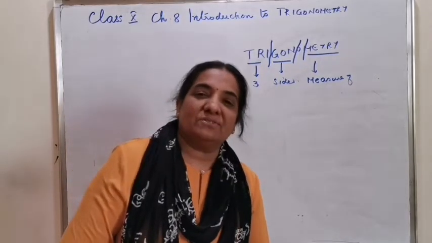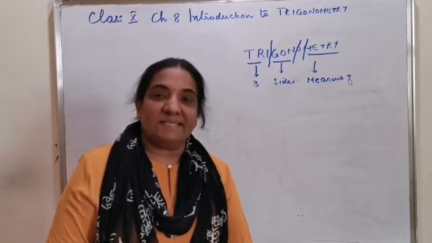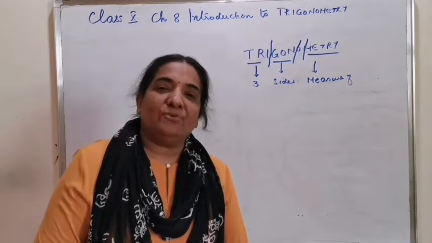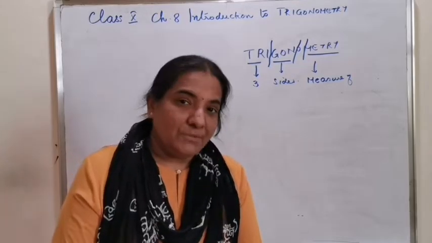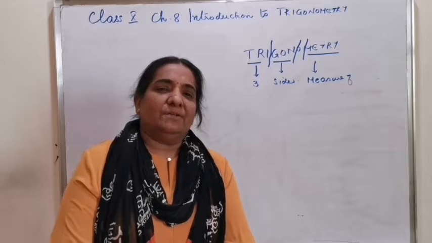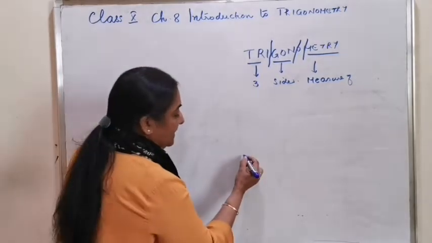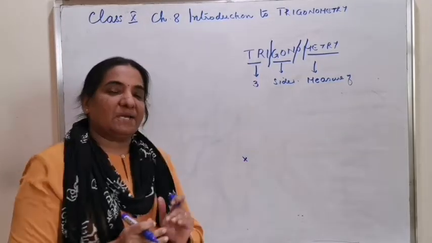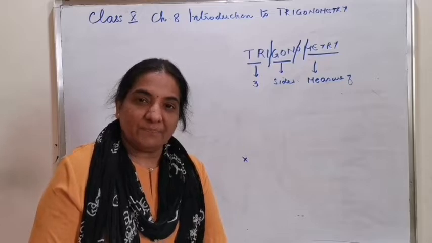You have come across right triangles in many lessons. If you observe the situations around you, imagine you are standing on level ground. That means you are standing on one side of a road.